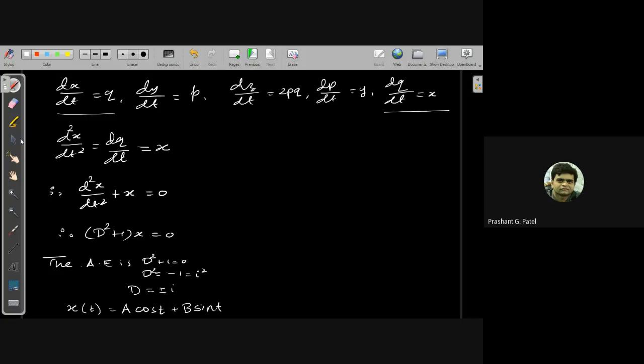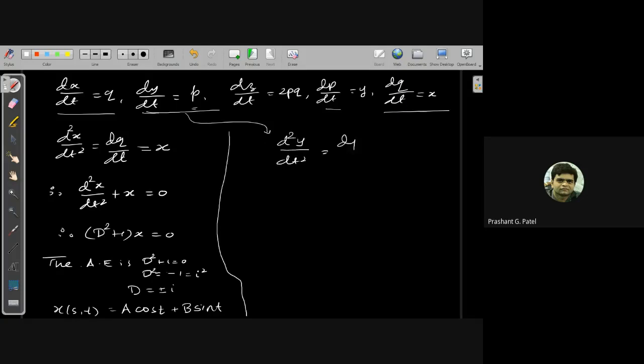Actually x is a function of two variables, s and t. So a and b are functions of s. In the same way, we do the same for y. If I differentiate the equation, we can write d²y/dt² equal to dp/dt. But dp/dt is y.